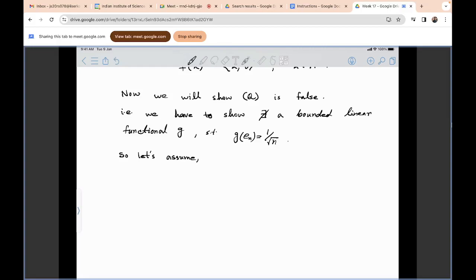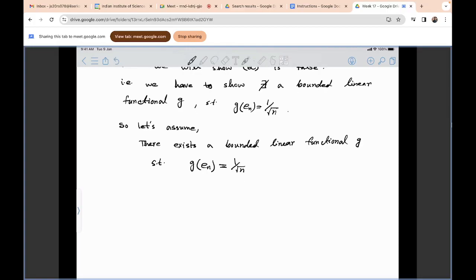So let's assume there exists a bounded linear functional G such that G of En is 1 by square root n, right?